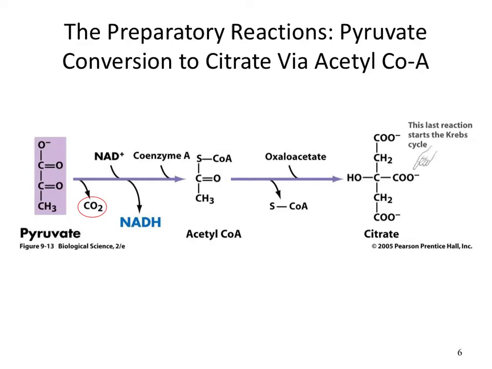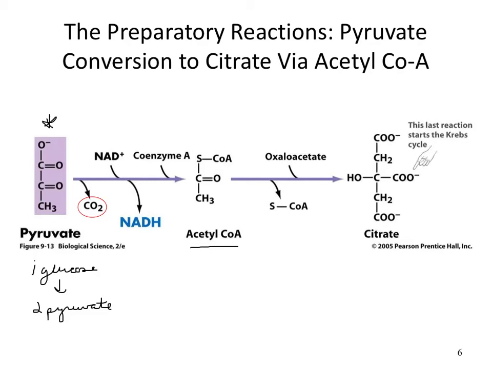Shown here is the preparatory reaction or reactions that pyruvate undergoes in order to enter the Krebs cycle. For every 1 glucose, you have 2 pyruvate. This pathway is shown from the perspective of a single pyruvate, but you need to keep that in mind. So the pyruvate is shown here in purple. The pyruvate is converted to a molecule called acetyl-CoA.